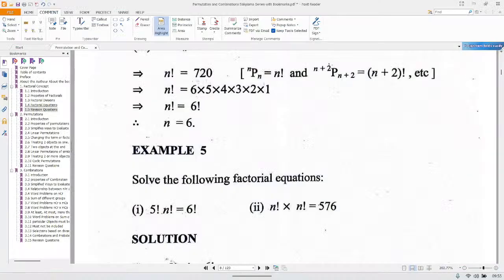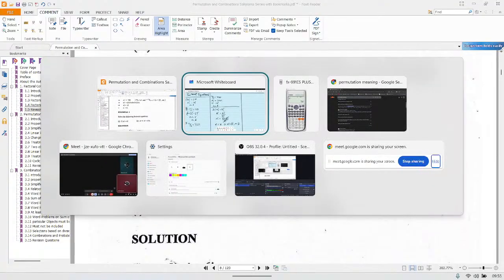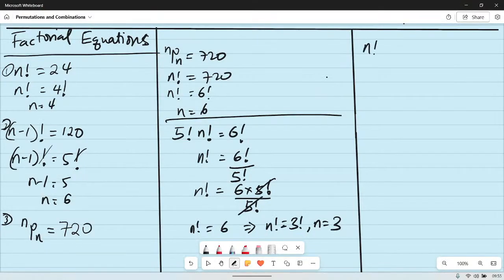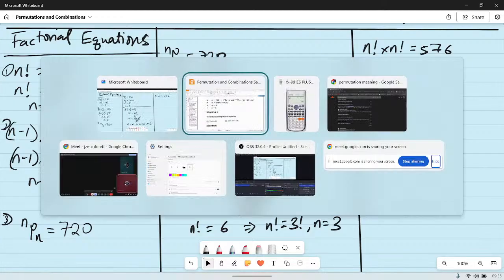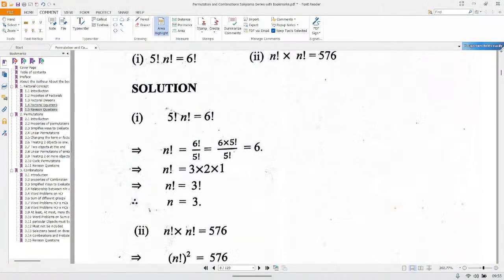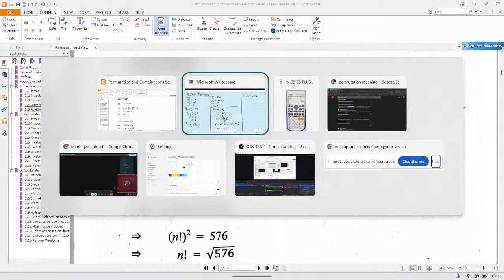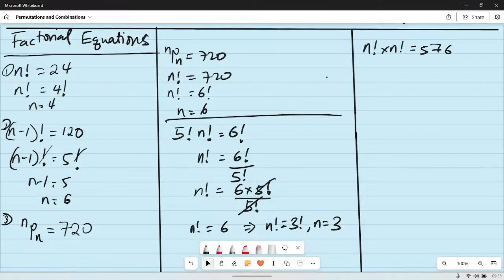Let's look at another equation. N factorial times n factorial equals 576. Can we do factorial squared? Let's check if it's possible. Yes, it's possible, right? Anything times the same thing is the same as that thing squared. Then you square root both sides.